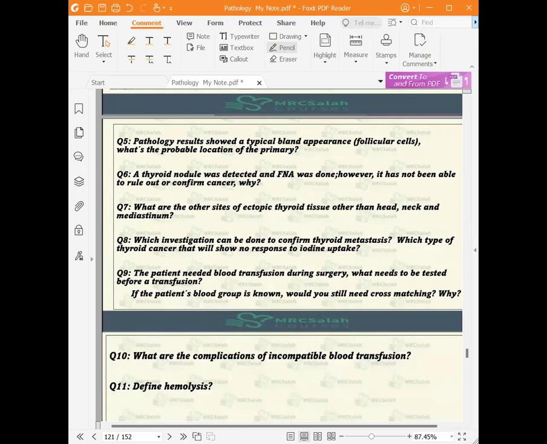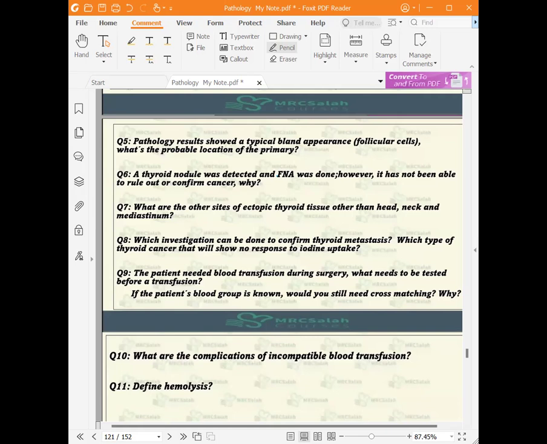A thyroid nodule was detected and fine needle aspiration was done. However, it has not been able to rule out or confirm cancer. Why? Because differentiation between the benign tumor and the cancer depends on the biopsy, and fine needle aspiration is only checking the cells.